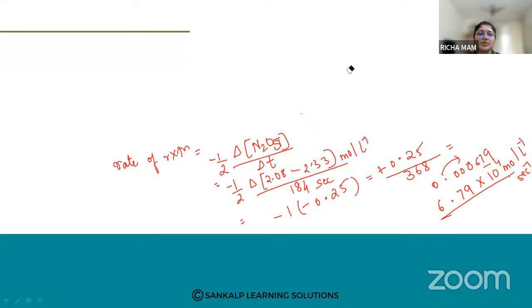So let me clear this. So now, what is the next step? The next step is you have to find the rate of reaction per minute. So how to calculate that now?